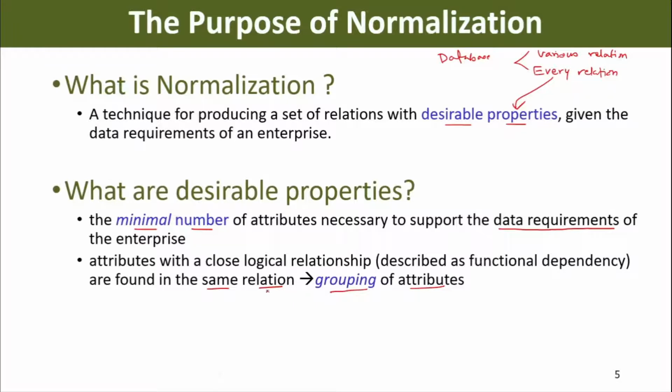In fact, this desirable property can be described as the functional dependency. We are going to talk about functional dependency later. But please remember that whichever attributes are closely related to one another, we should group them and form a single relation.